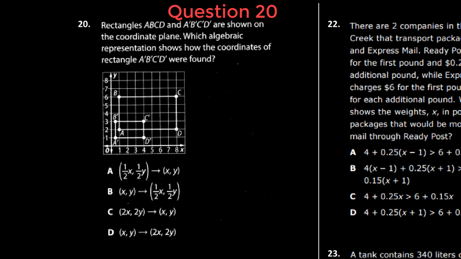Question number 20 also asks about an algebraic rule for the transformation shown in the figure. On this transformation, as you see, the size of the shape changes, so we know that it's going to be a dilation. The original figure is rectangle ABCD, and the image is shown by the little lines on the letters, called A prime, B prime, C prime, and D prime.